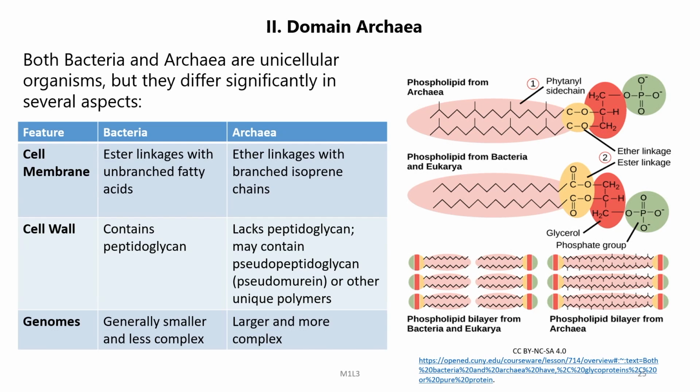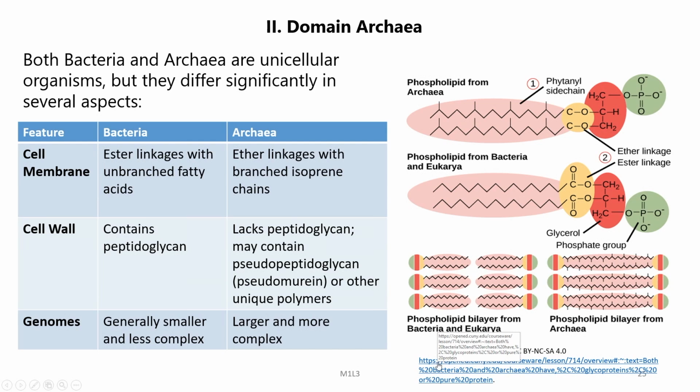If you look at this figure, you can see that there is a difference in these linkages. While archaea has ether linkage, bacteria has ester linkage. The phospholipid bilayer from bacteria and eukarya is different from that of archaea. You can see in this diagram.